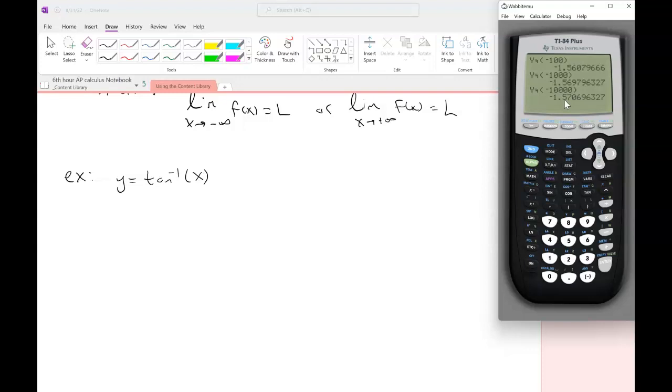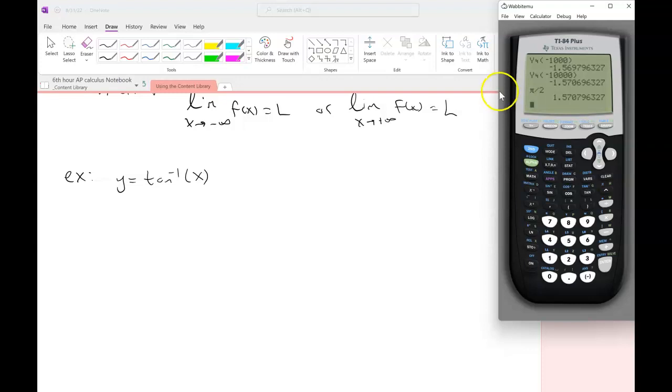So I'm expecting something in terms of pi. 1.5-ish is about half of 3, right? Half of pi. Pi is 3.14. As soon as I start seeing 1.5-ish, I'm starting to think pi over 2. I'm pretty convinced, right?